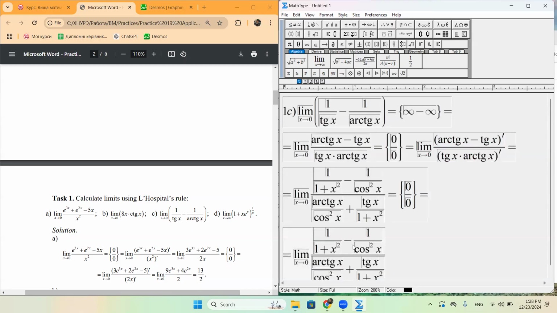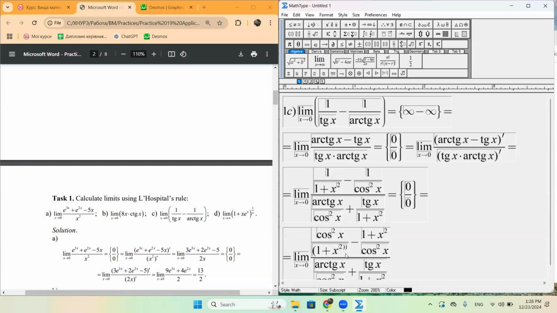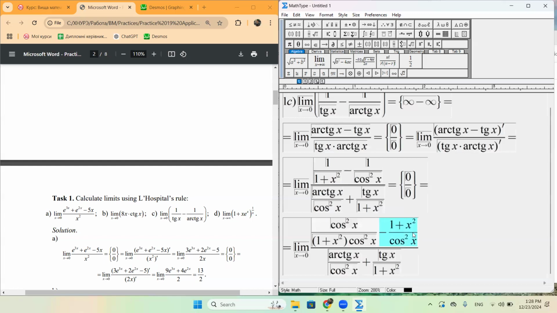So let's eliminate a lot of rows. So eliminated. So cosine square minus this.